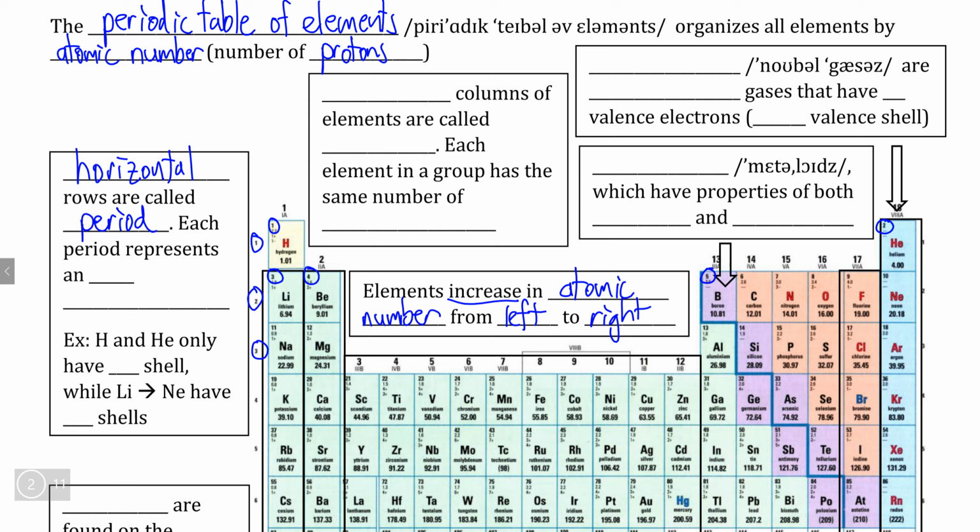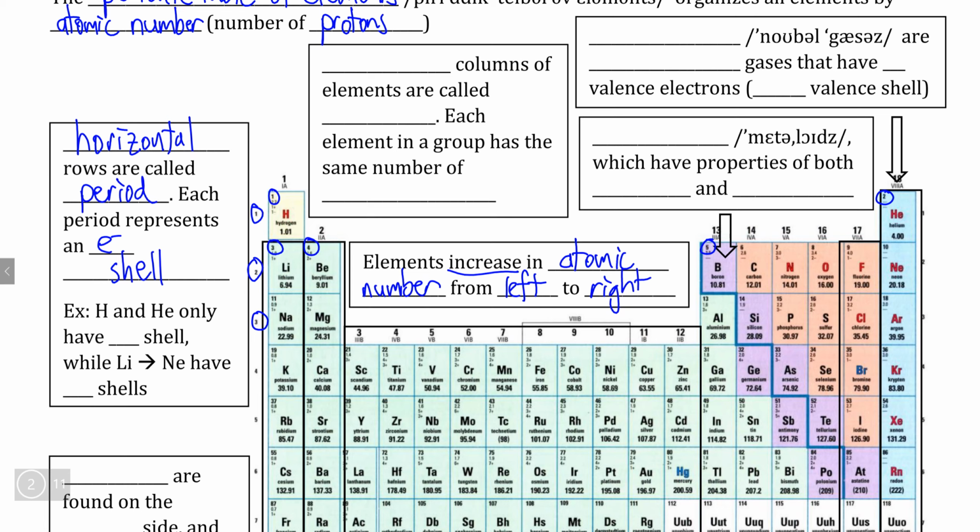Now, the reason why elements are organized like this is that each period represents an electron shell. Remember that electron shells are the circular, orbit-like structures where the electrons travel outside of the nucleus, and every time we go down a period on the periodic table, we are adding a new electron shell.